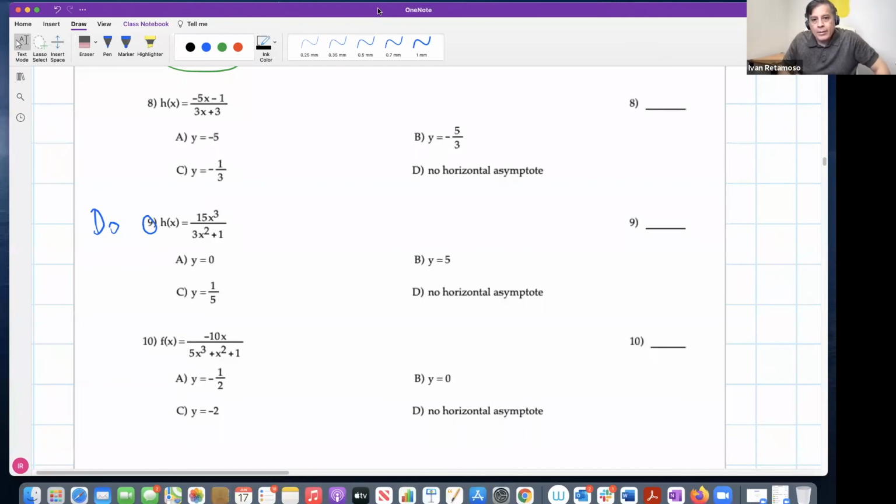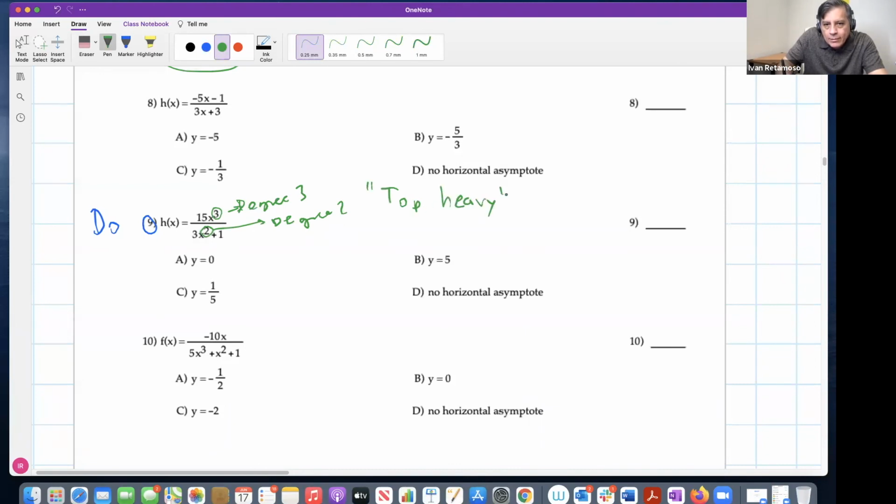Jing, yeah, you made my day. Very good. Savannah also. Very good. Excellent, excellent, guys. Very good job. Yeah, quickly, you realize that since the exponent here is 3, degree 3, and the exponent here is degree 2, we are dealing with a top heavy rational function, right?